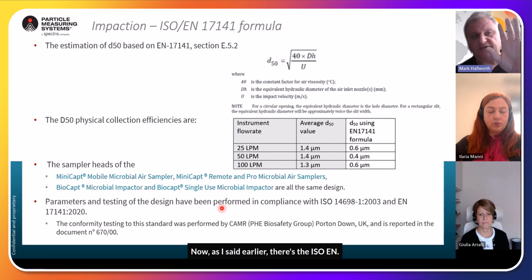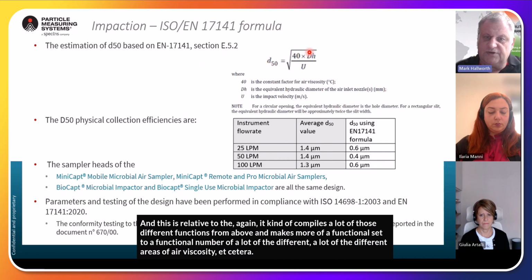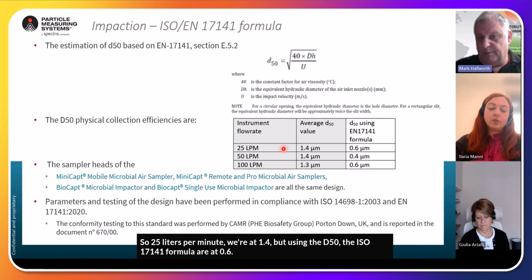Now, as I said earlier, there's the ISO EN. They give their own formula in section E5.2, and this, again, kind of compiles a lot of those different functions from above and makes more of a functional set of a lot of the different areas, air viscosity, etc. So at 25 liters per minute, we're at 1.4, but using the D50, the ISO 17141 formula, we're at 0.6.